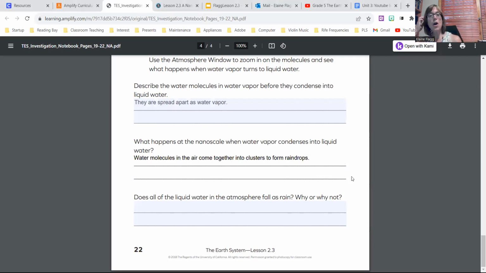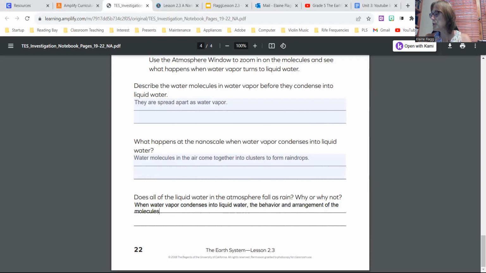Okay, last one. Does all of the liquid water in the atmosphere fall as rain? Why or why not? When water vapor condenses into liquid water, the behavior and arrangement of the molecules change, but all the molecules are still there.